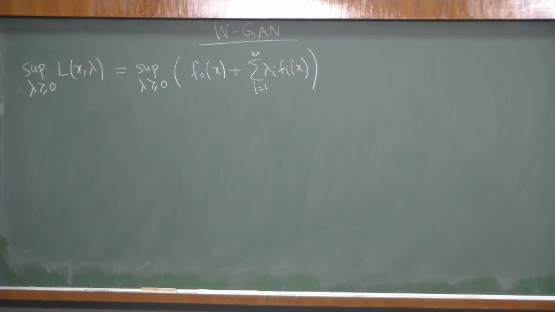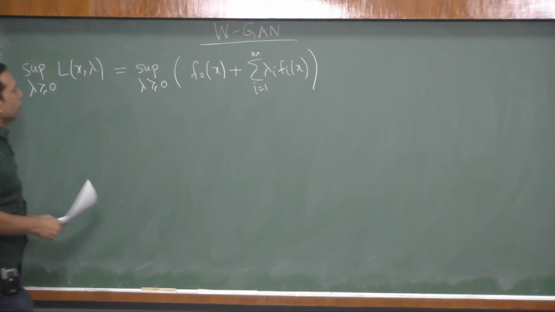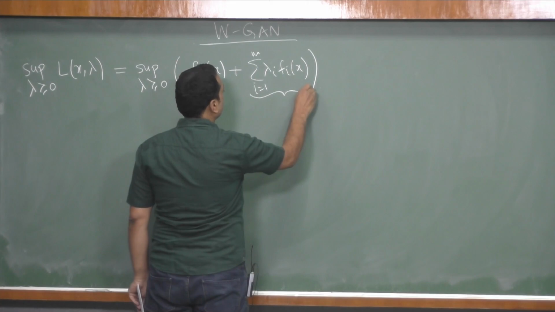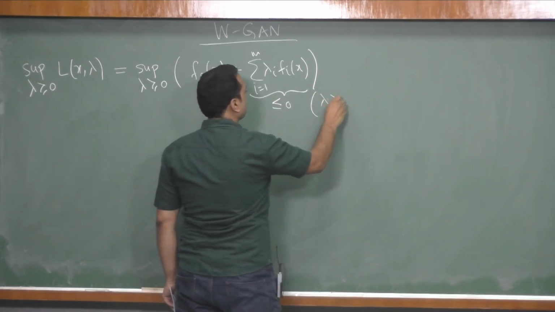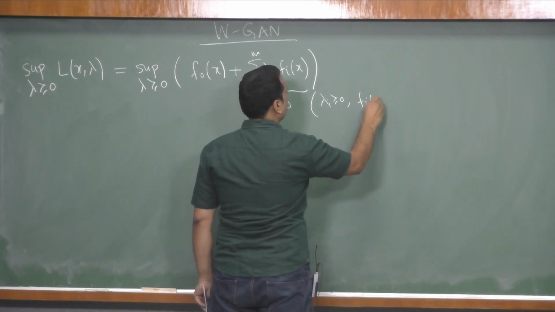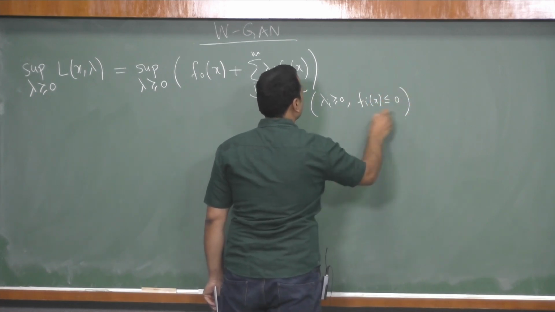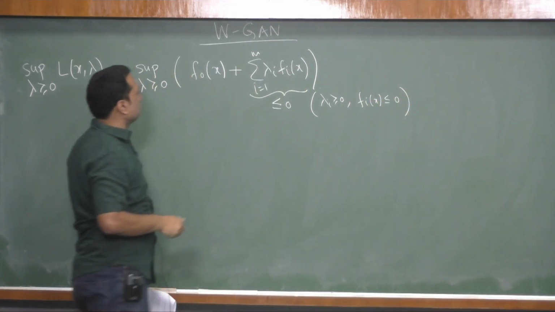Now what could be the sup of this? Lambda i's are greater than or equal to 0, f i's are less than or equal to 0. So overall, the sum is less than or equal to 0, because lambda i's are greater than or equal to 0 and f i's are less than or equal to 0.